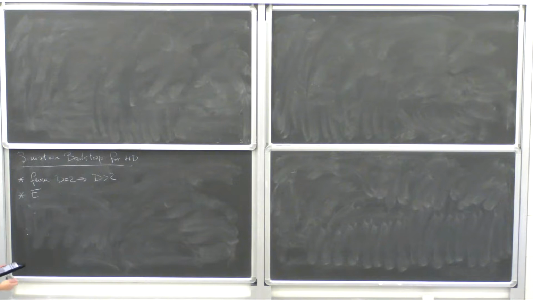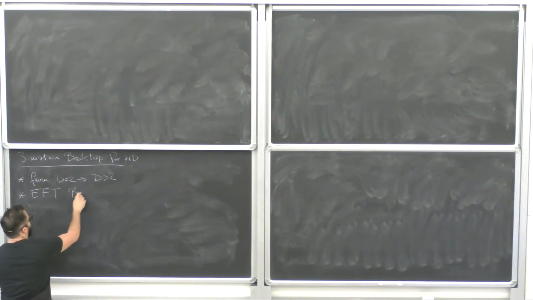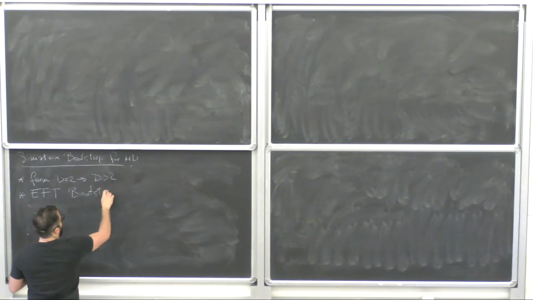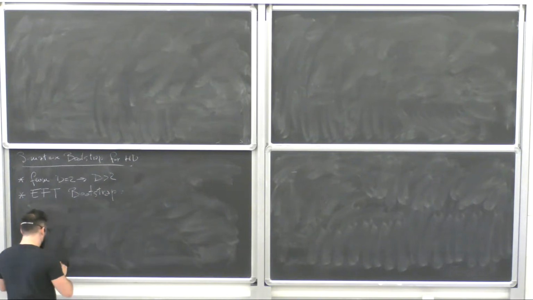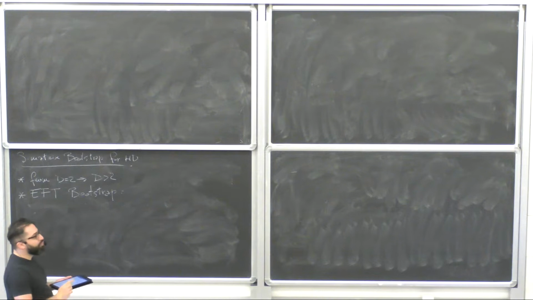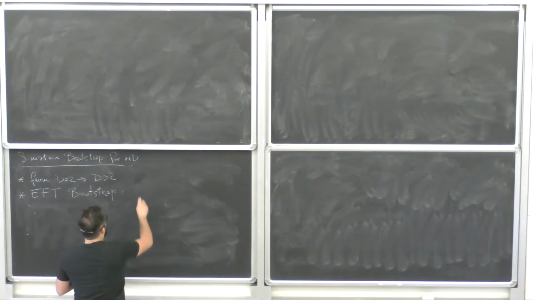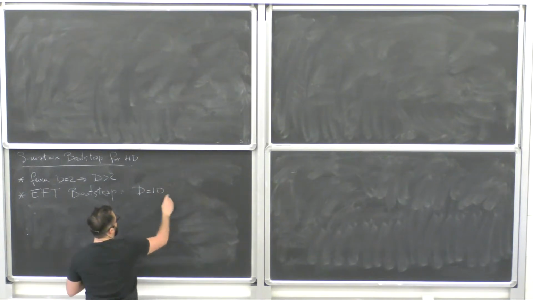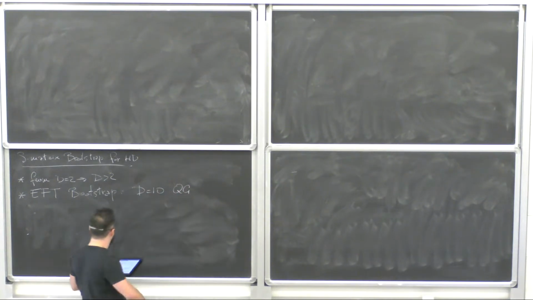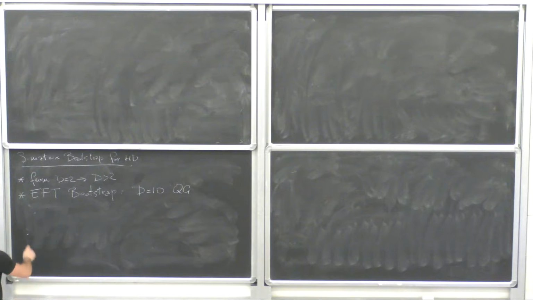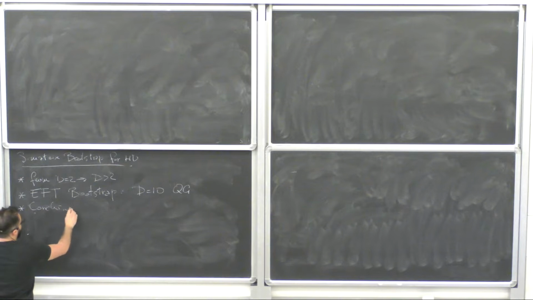In the last years, in higher dimensions, we understood that what is good to bound are effective field theories. So I will talk about effective field theory bootstrap. In particular, I will focus on one effective field theory that I like, which is 10-dimensional quantum gravity. So D equals 10, quantum gravity. And then I will draw some conclusions at the end, with some dreams.